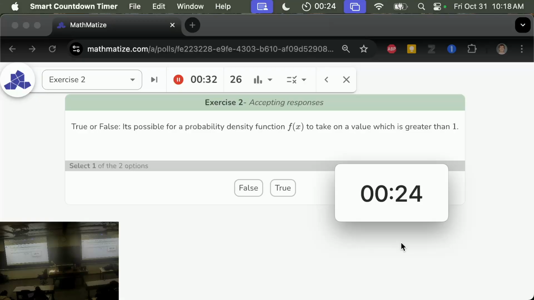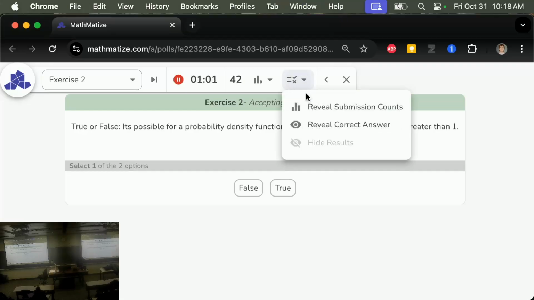Take your best guess. All right, 10 seconds left. If you have no idea, just take a guess. Okay, let's see what people said.